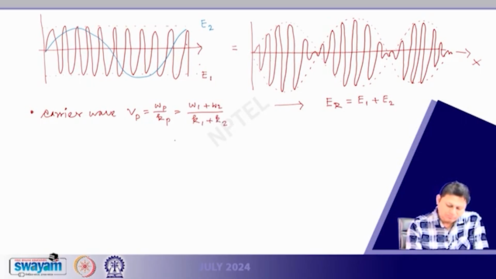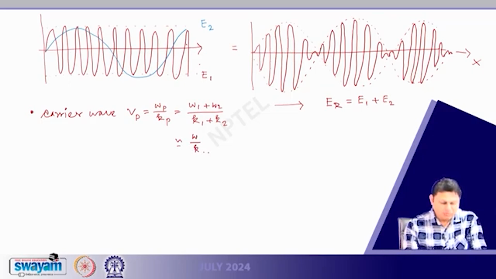Now, this value is nearly equal to omega by k, where omega is the average one and k is the average. If I write the average of omega 1 and omega 2 as omega, and the average of k1 and k2 as k, this value will be simply omega divided by k.